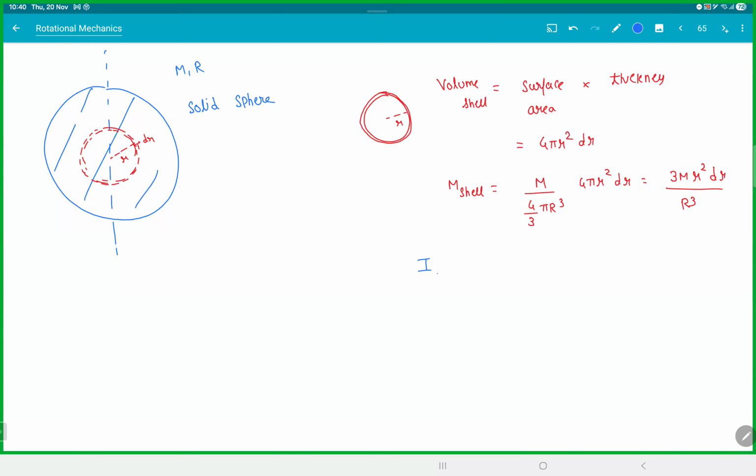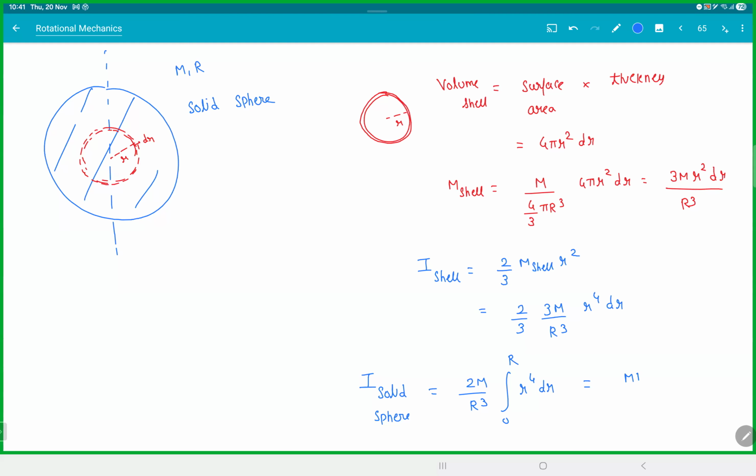And then we know the moment of inertia of a shell. Just now we derived it is 2 by 3 m shell r square. So this will be 2 by 3, 3m by r cube, r power 4 dr. I of the solid sphere will be 2m by r cube integral r power 4 dr from 0 to r.